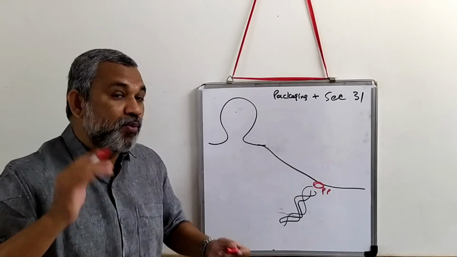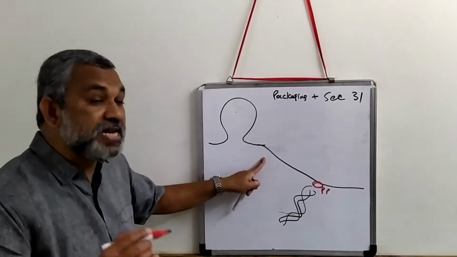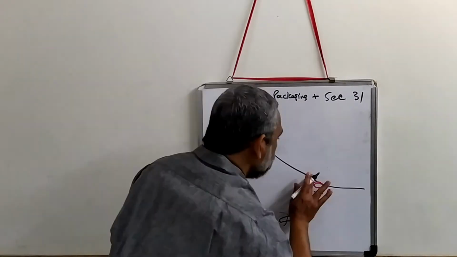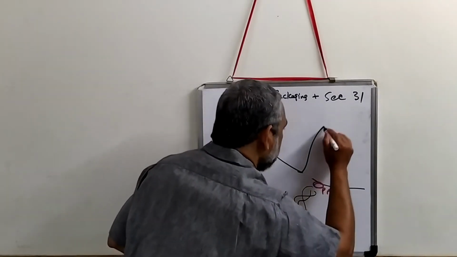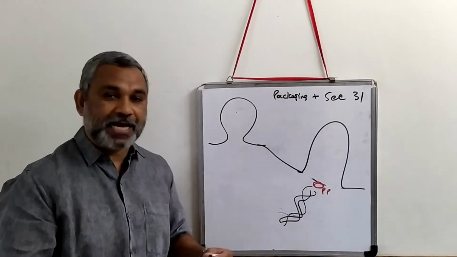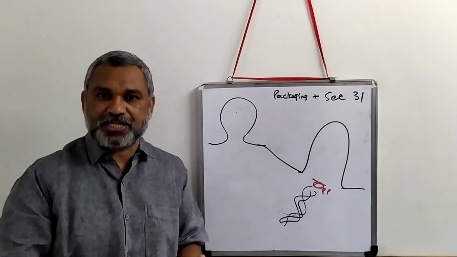Now, what is normally observed in such cases is it forms a vesicle like this in order to accommodate this collagen molecule, an irregular shape.